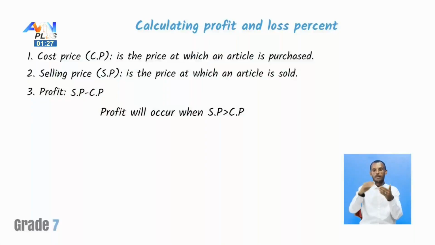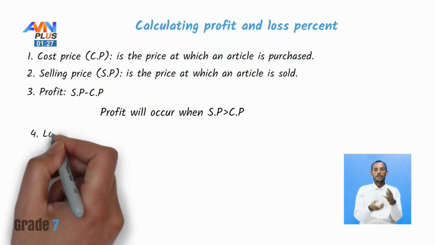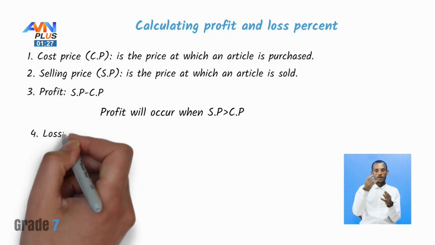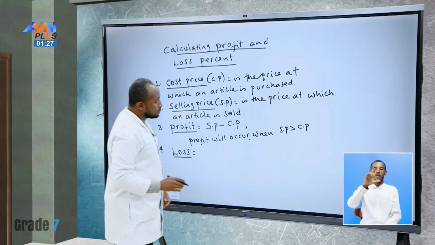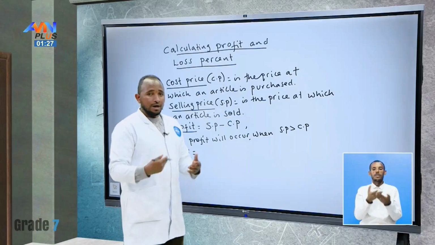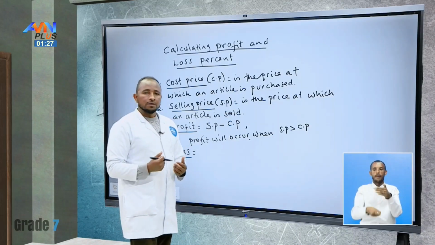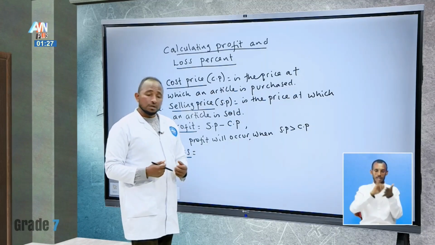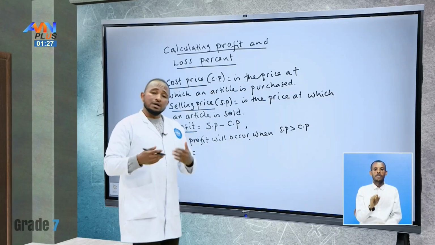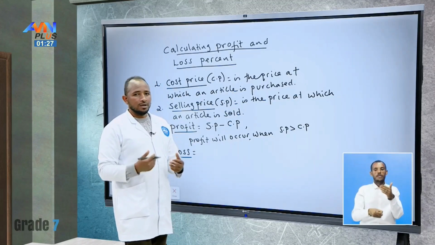Again, the fourth concept is loss. If you sell an article for less than the price you spent on it, you will have a loss. That means if the selling price is less than the cost price, there will be a loss.